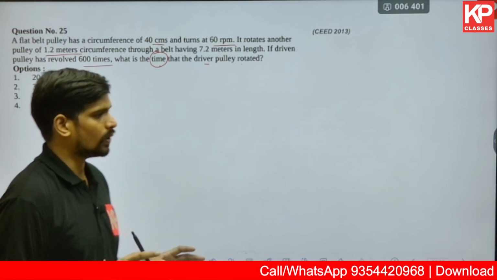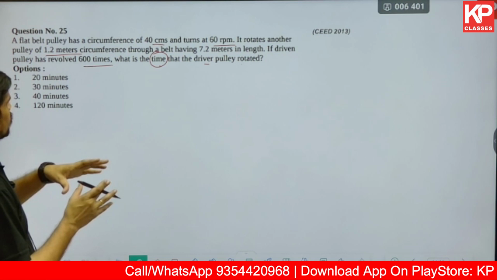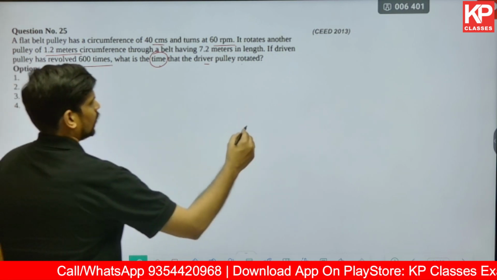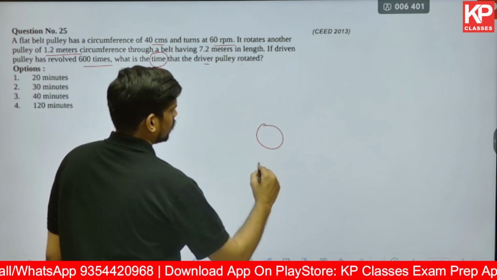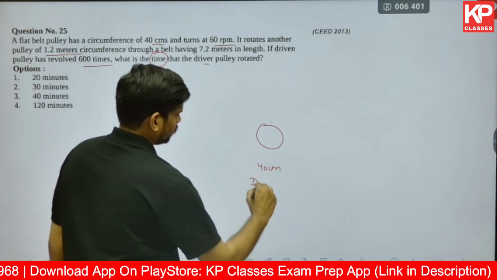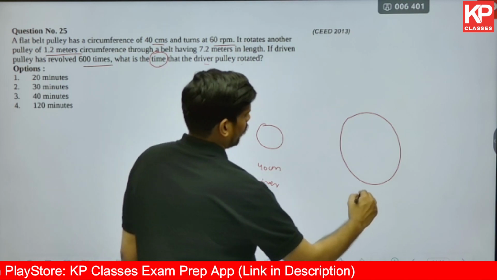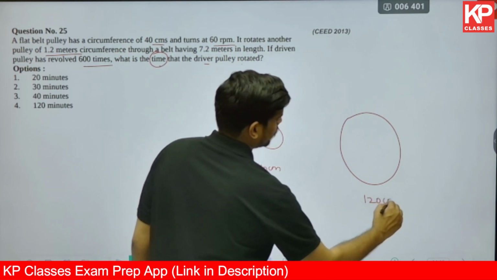Let us draw a diagram to understand this concept first. There are two discs over here, pulleys basically. A smaller one with a circumference of 40 centimeters. This is the driver. There's a driven pulley of 120 centimeter circumference.